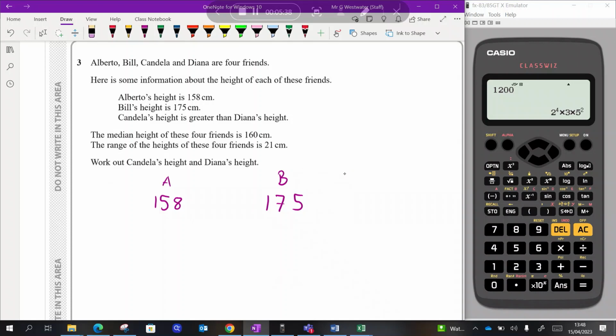Okay, so there's lots of different combinations that we could potentially have, but we know that the median of these 4 friends is 160.